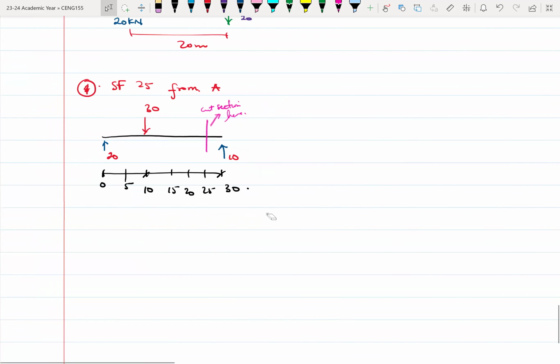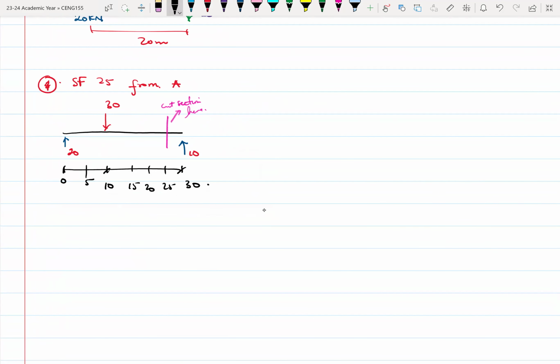So here I have my beam up to the 20. So I have my 20 kilonewton over here. I have my 30 kilonewton also. And the distance here is 25 meters. So I want to find the shear force at 25 meters at this point.